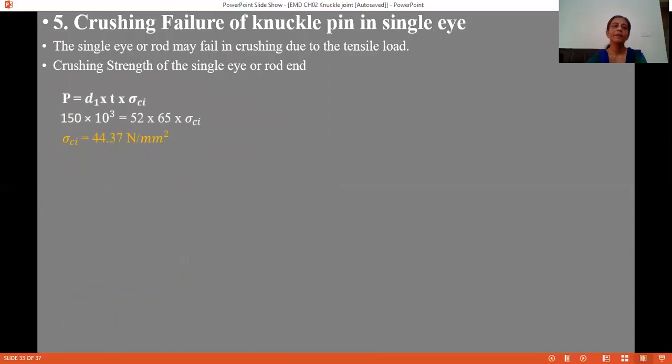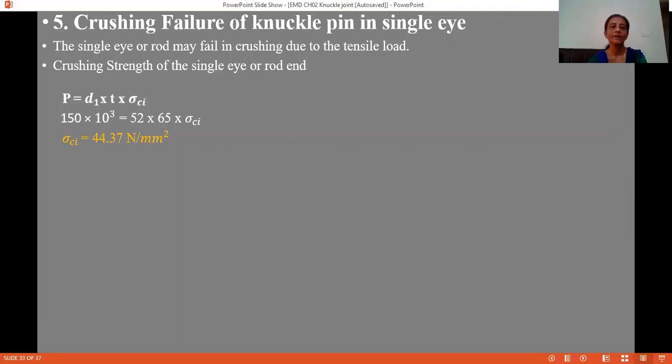Next, we will be considering crushing failure of knuckle pin in single eye. Step number 5. As we know, strength equation of crushing of knuckle pin, P is equal to D1 into T into sigma c induced.